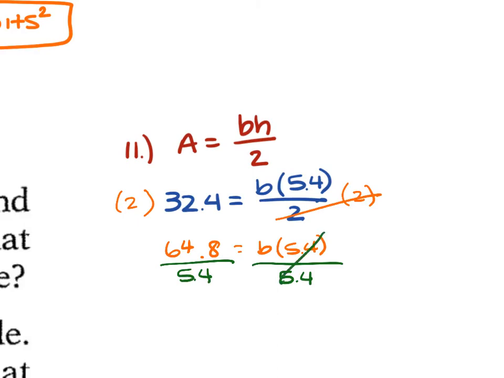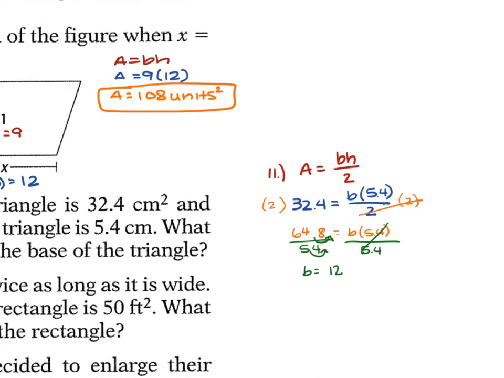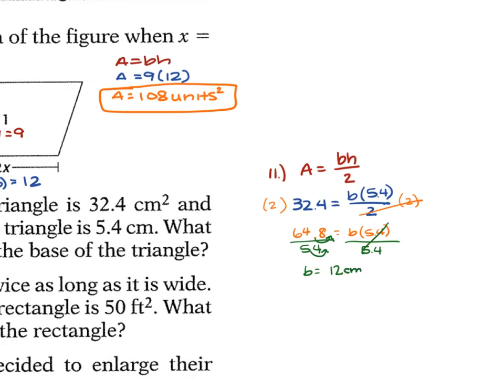These cancel out, so you're just going to have base is equal to, the 5.4 is going to turn into 54, making the 64.8, 648 divided by 54. When we divide these two, we get 12, and we were working with centimeters. That's 12 centimeters is our base.